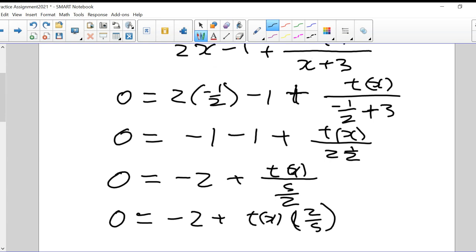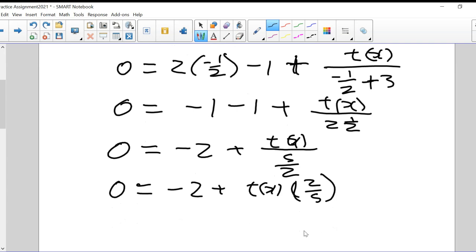And it looks like we're going to be able to solve this and get an actual t of x function. So let's keep going. I'm going to put the 2 on the right. So positive 2 is going to be this t of x function times 2 over 5.